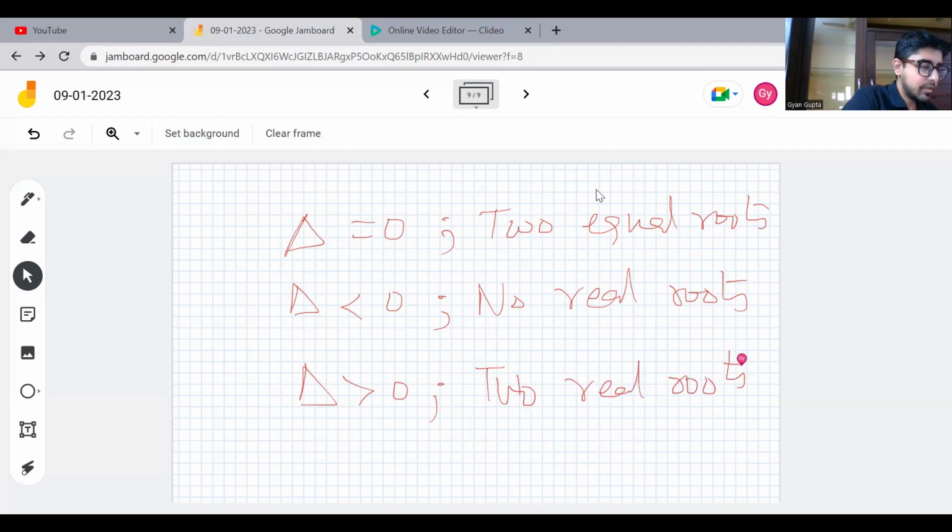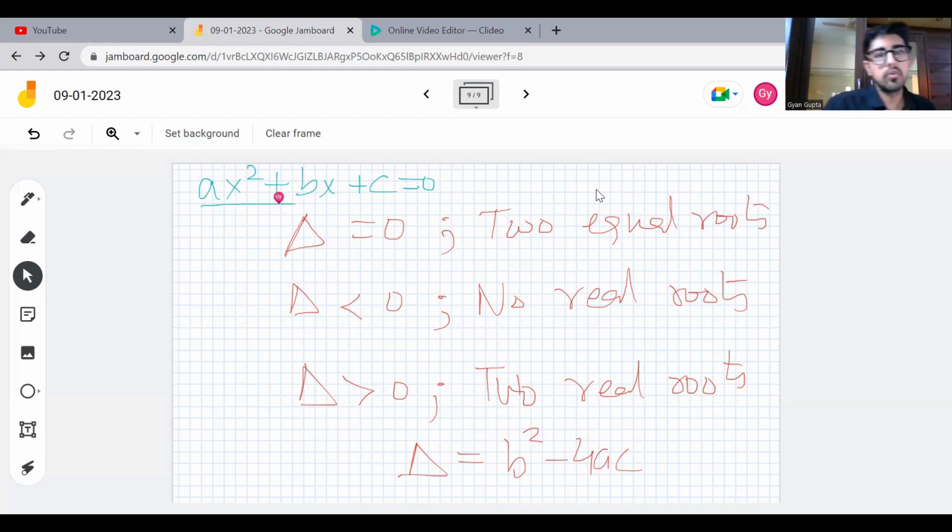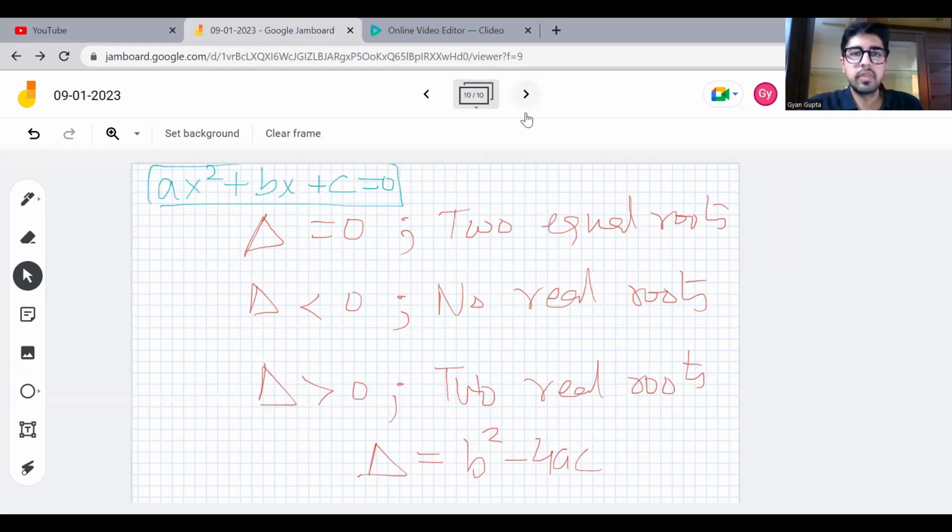And delta is equal to b square minus 4ac. Again revising, ax square plus bx plus c is equal to 0 is the generic form of the quadratic equation. b is the coefficient of the x term, a is the coefficient of x square, and c is the coefficient of the constant term.